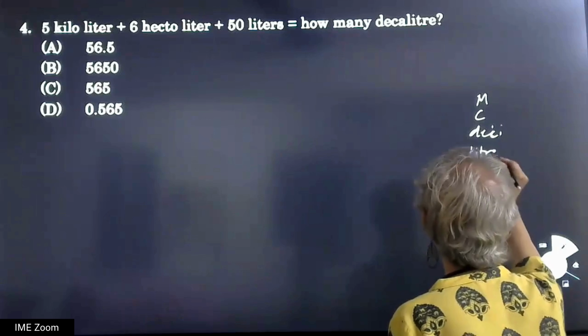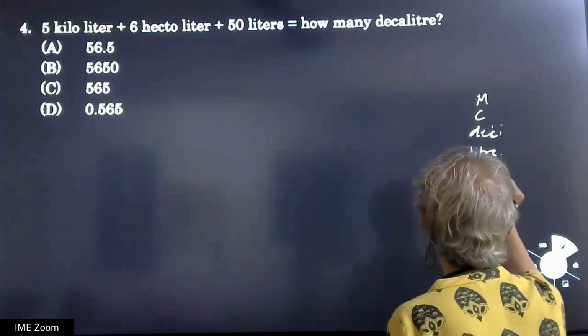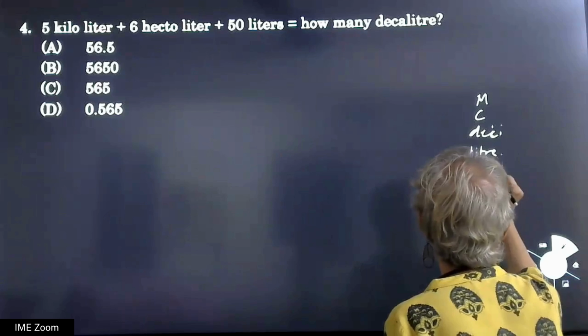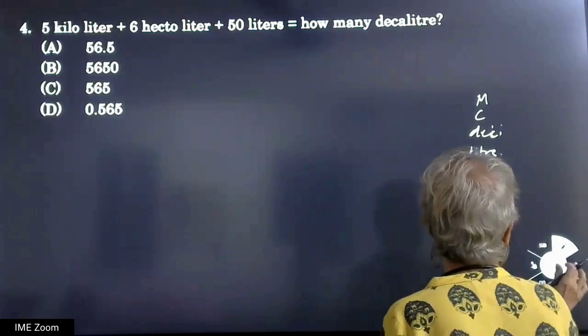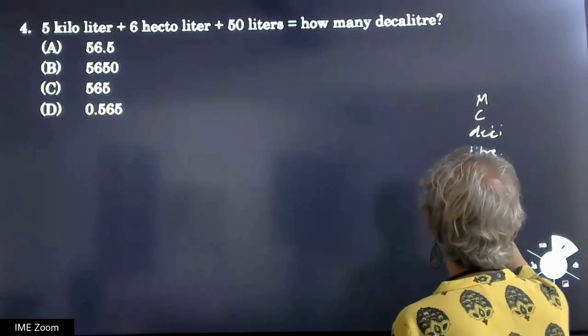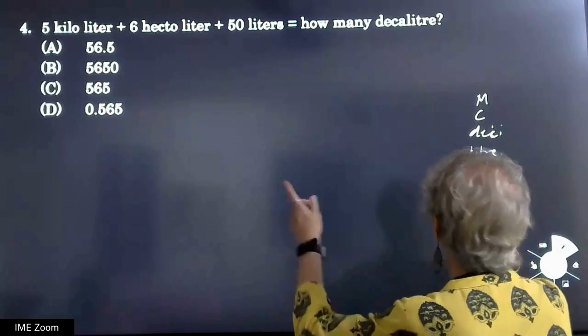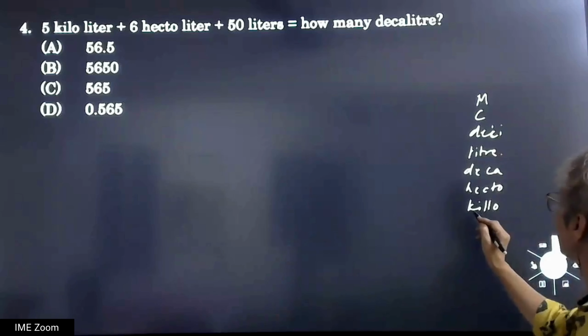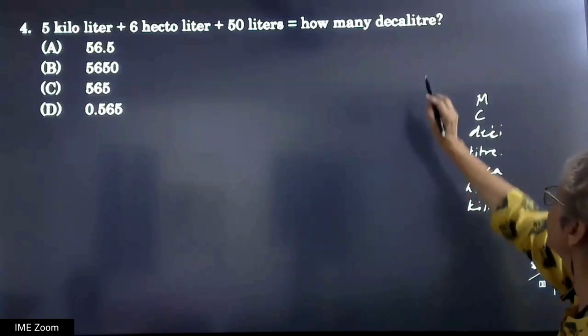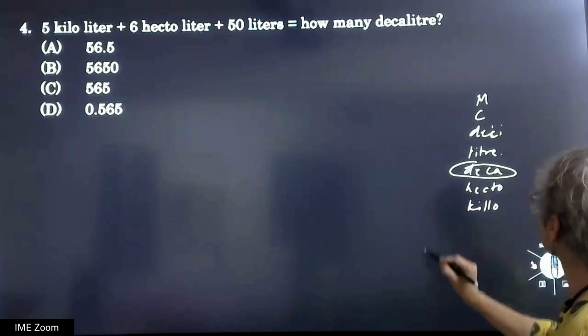Okay, so liter, then deca, then hecto, and then kilo. Now this time we are going from larger to smaller. Where we have to reach? We have to reach here.